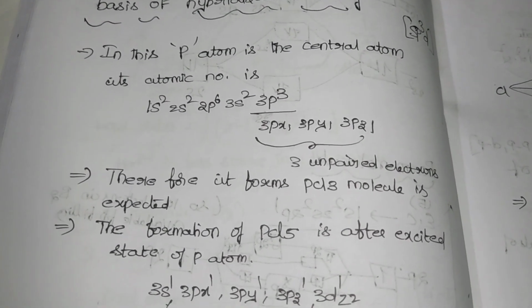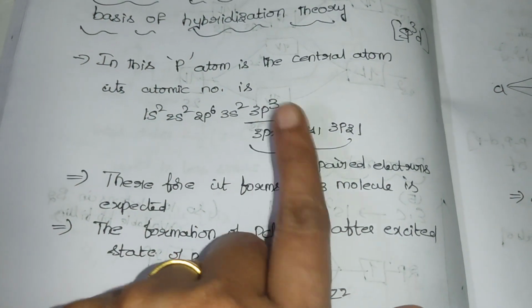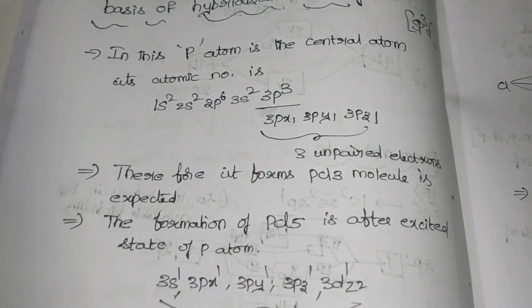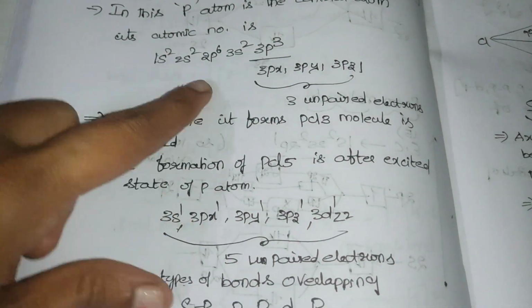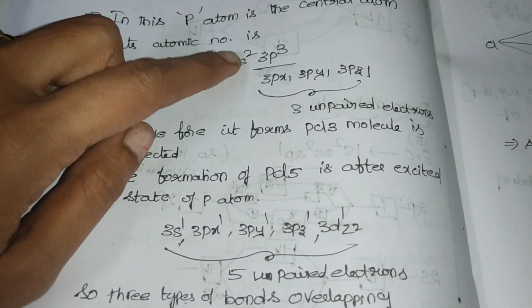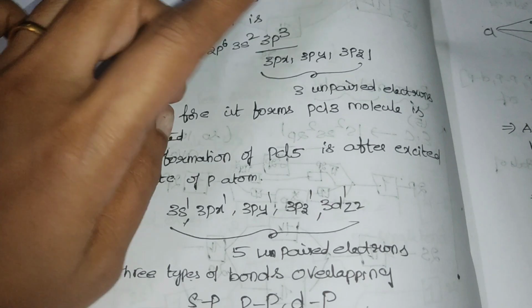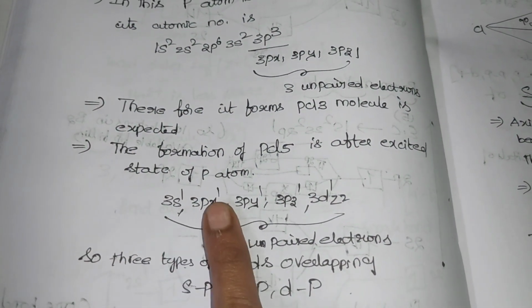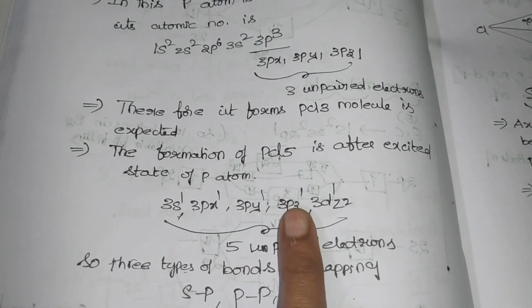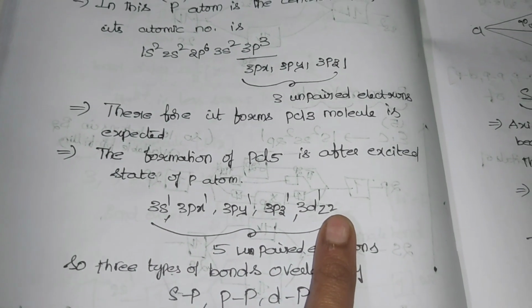So we can expect a PCl3 molecule, but the atom gets excited. In the ground state it has 3 unpaired electrons. When the P atom gets excited, one electron from the 3s orbital moves to the 3d orbital, so we get 3s1, 3px1, 3py1, 3pz1 and 3d1.